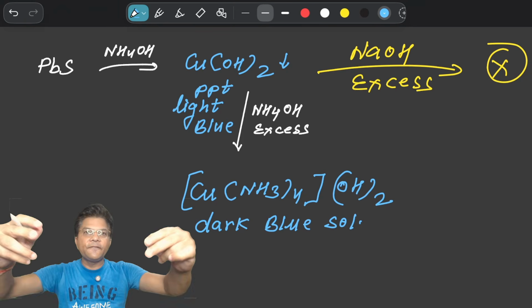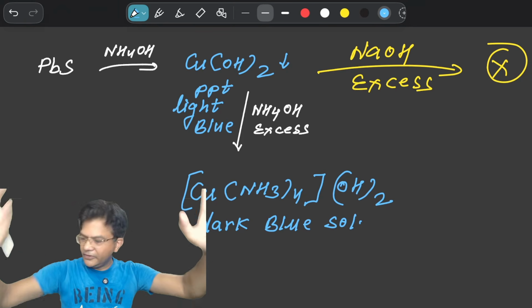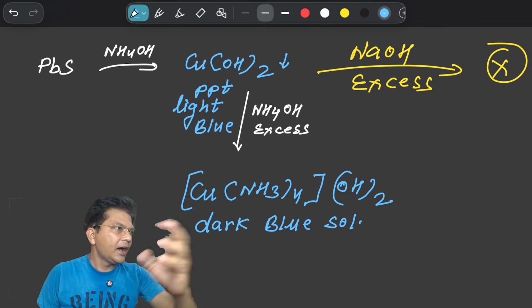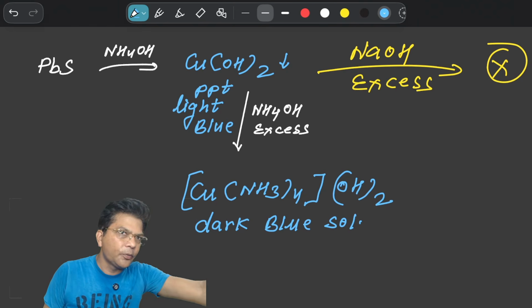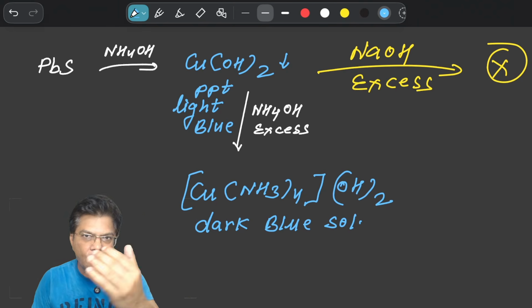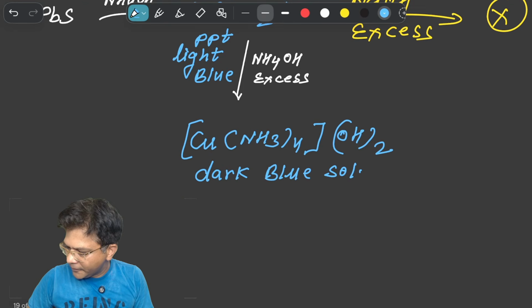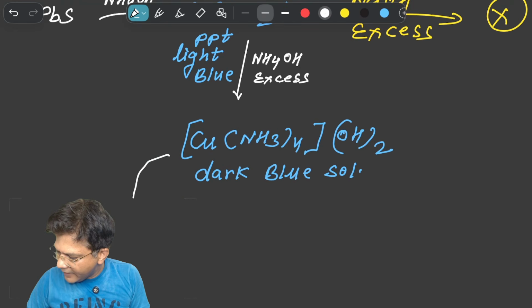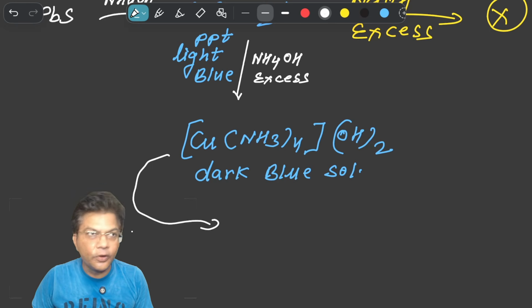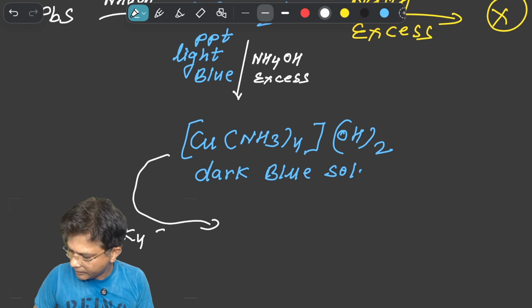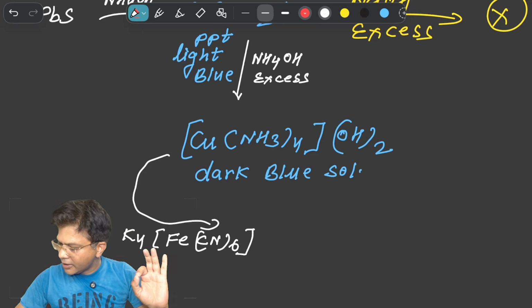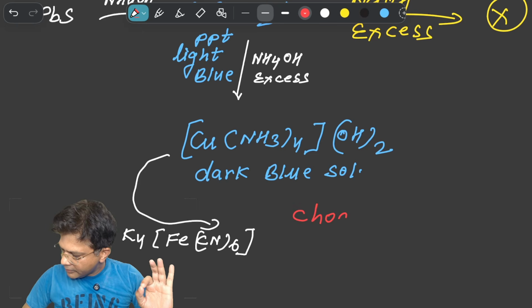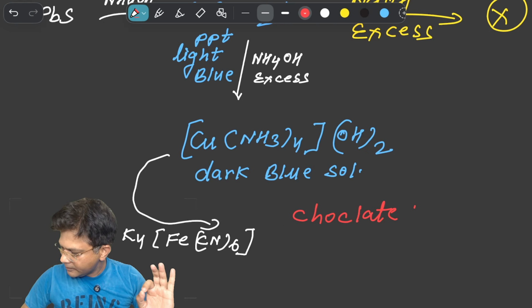And now if you add K4[Fe(CN)6] to it, you will get a chocolate brown complex.